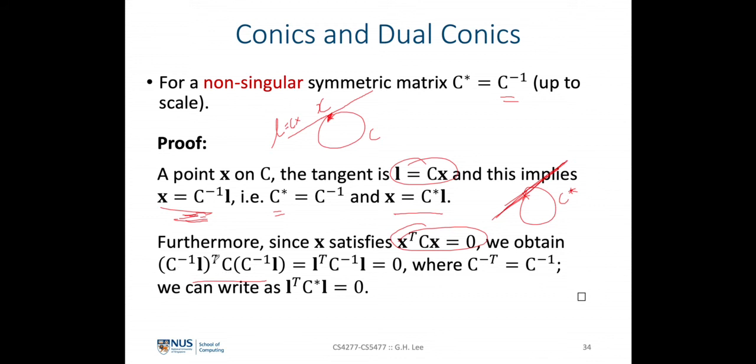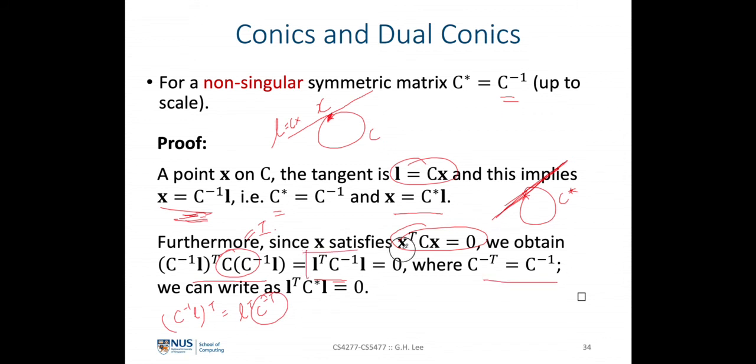Since this is a transpose, C inverse l transpose will give us l transpose C inverse transpose, and what we can see here is that we will end up with this equation, since C and C inverse multiply to the identity, and C inverse transpose is equal to C inverse.